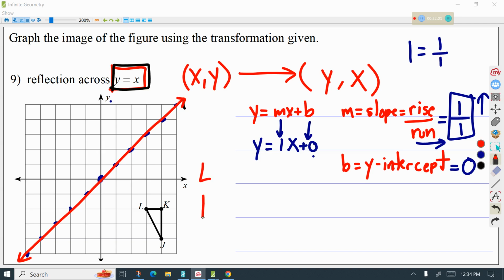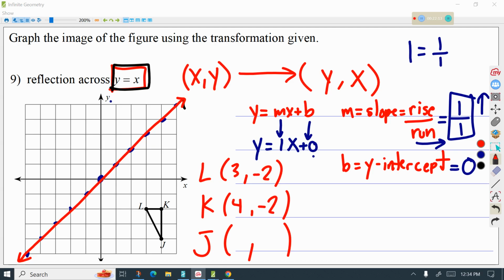All right, so we'll do L, K, and J. What are the coordinates? L is 3, -2. K is 4, -2. And J is 4, -4. Okay, so when I do my primes, we follow our arrow notation, this thing right here.